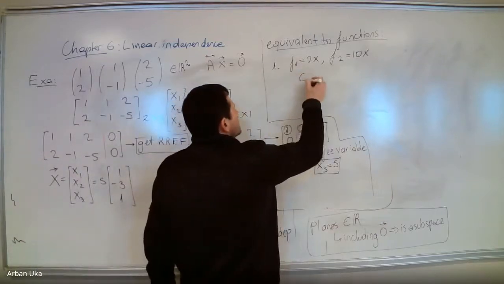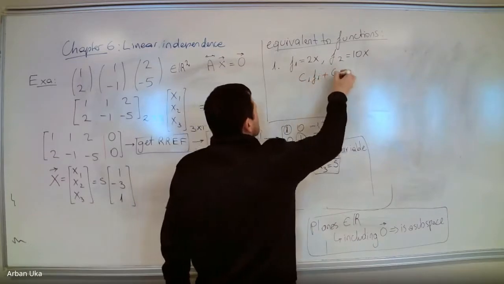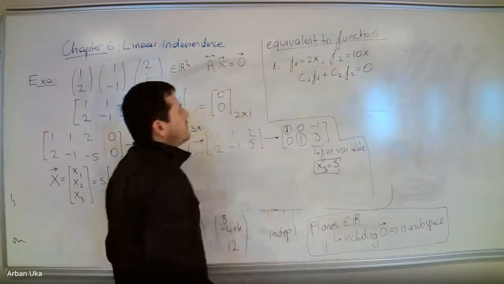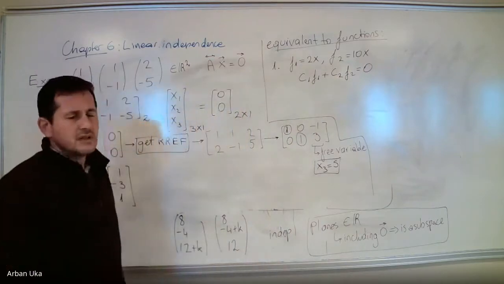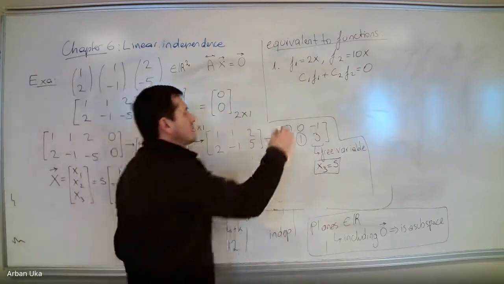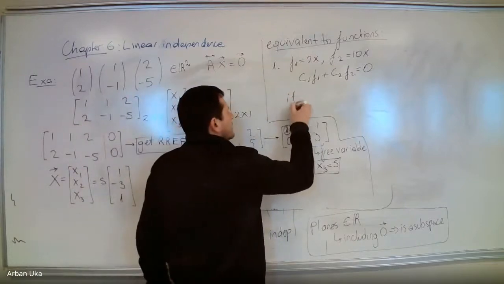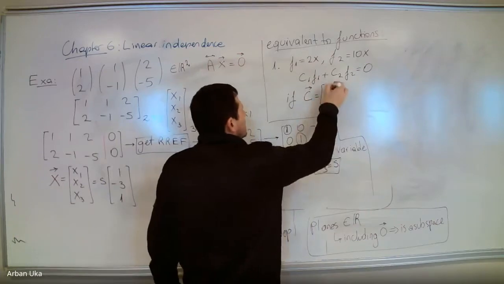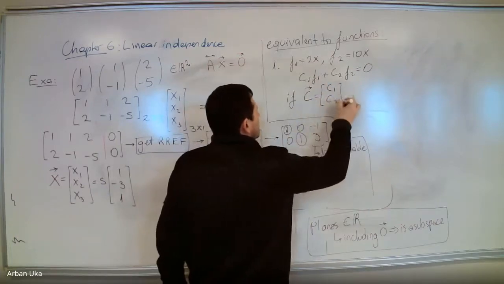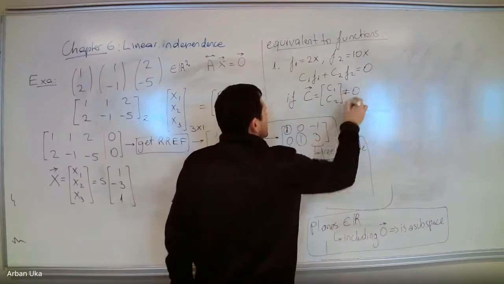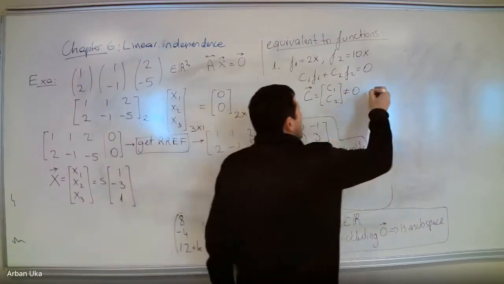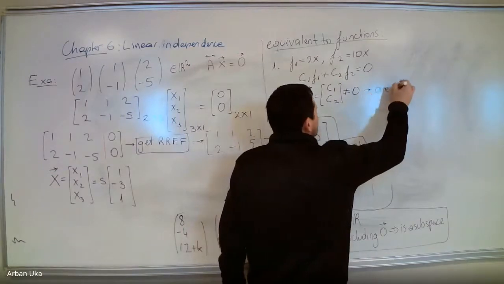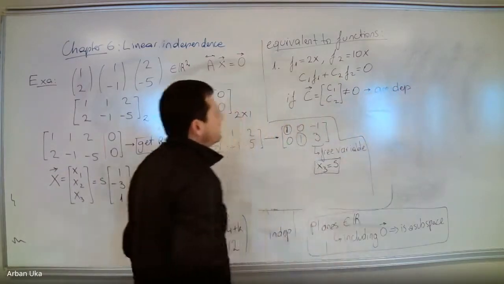If we have c1 times f1 plus c2 times f2 equal to 0, and the vector c, which is c1 and c2, is different from 0, then we say immediately that the functions are linearly dependent.